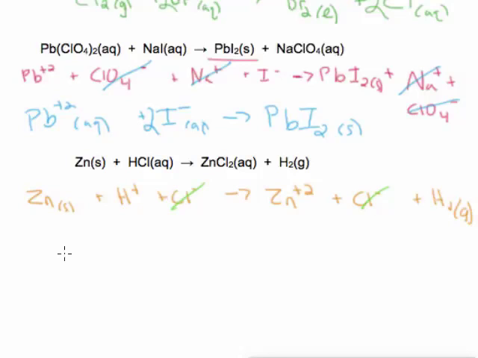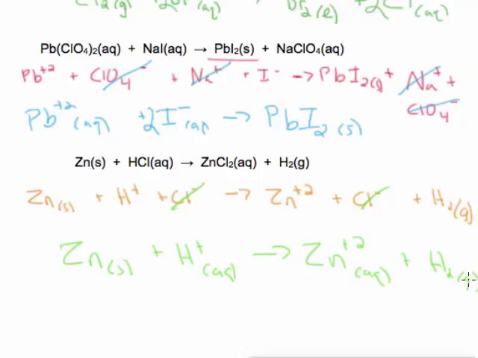And the only thing that's really happening here is that electrons are changing place because the zinc goes from being neutral to having a +2 charge, which means that it must be losing electrons. And the hydrogen goes from positive to neutral, which means it must be gaining those electrons.